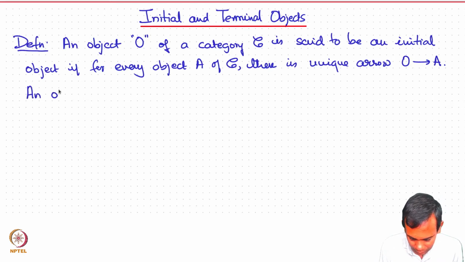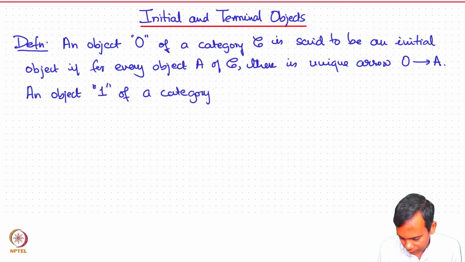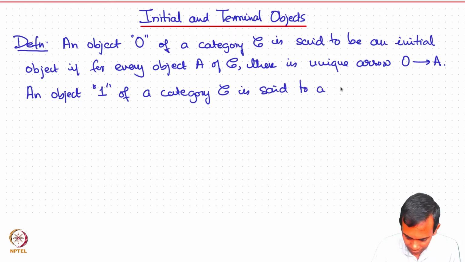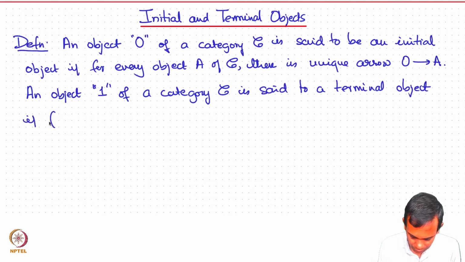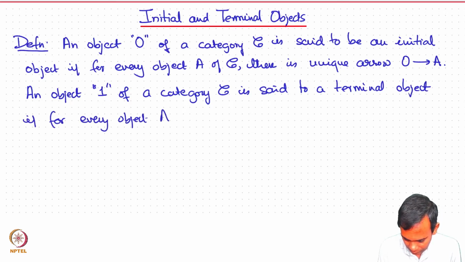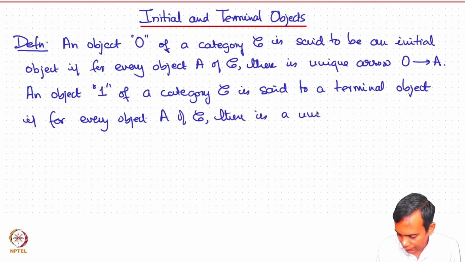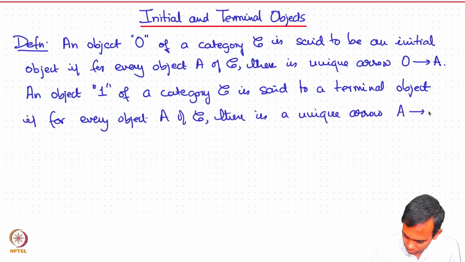An object, and the notation usually for a terminal object is 1, of a category C is said to be a terminal object if for every object A of C there is a unique arrow from A to 1.